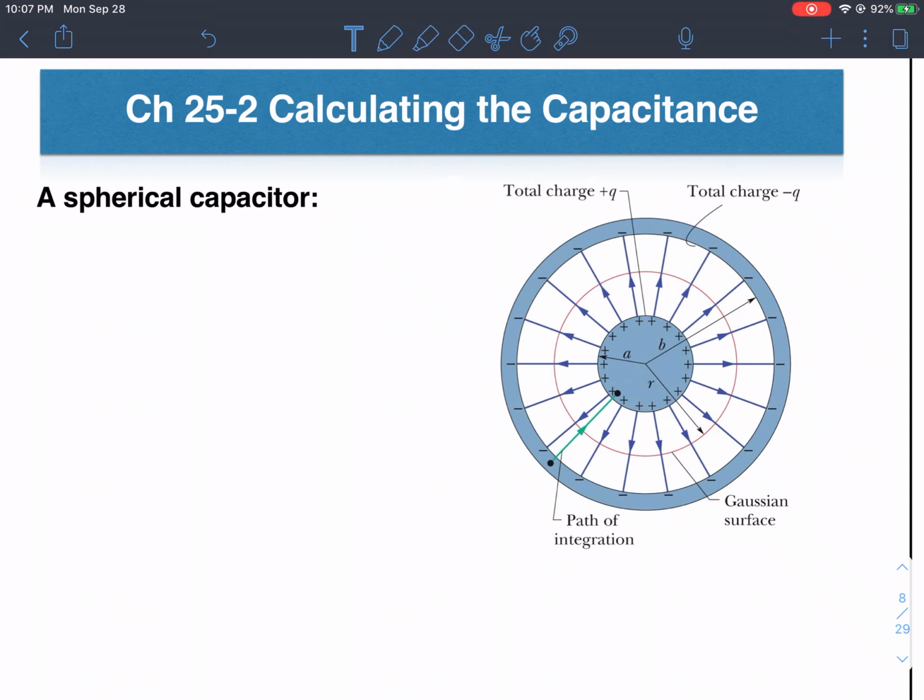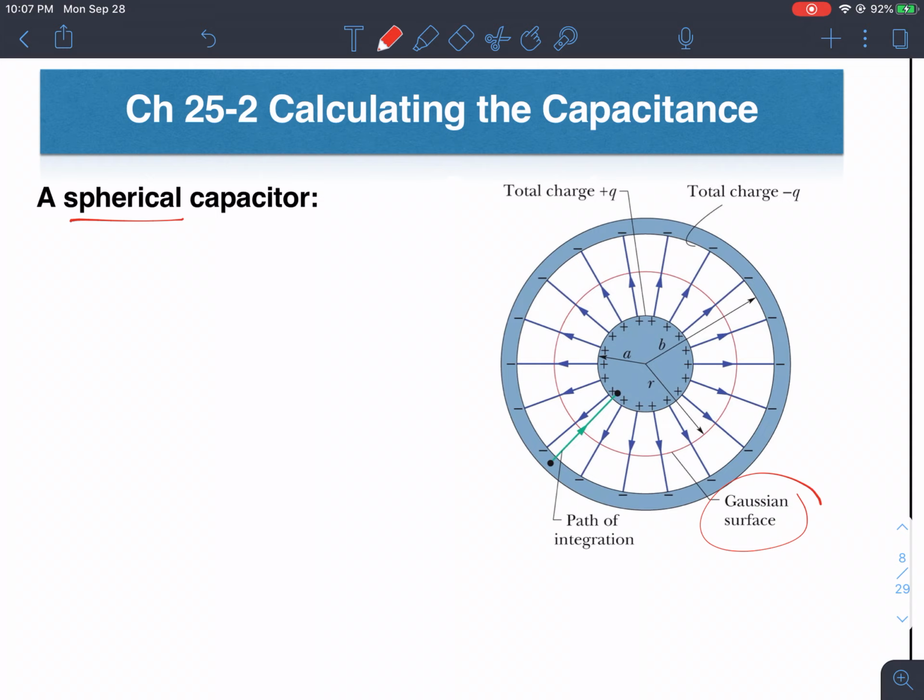Again, it looks very similar or the same as the cross-section of the cylindrical case, but now this is spherical. We need to remind ourselves that this Gaussian surface is a spherical one, not a cylindrical one. Just like before, the electric field is radially out, and you can see those electric field vectors.